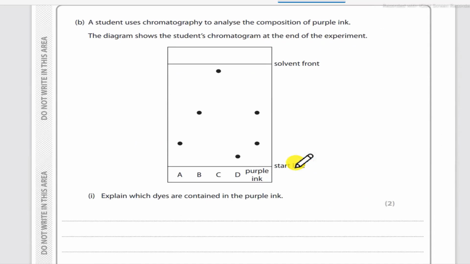Question number B. A student uses chromatography to analyze the composition of purple ink. The diagram shows the student chromatogram at the end of the experiment.